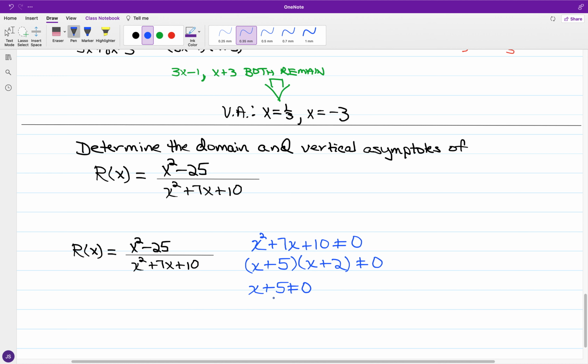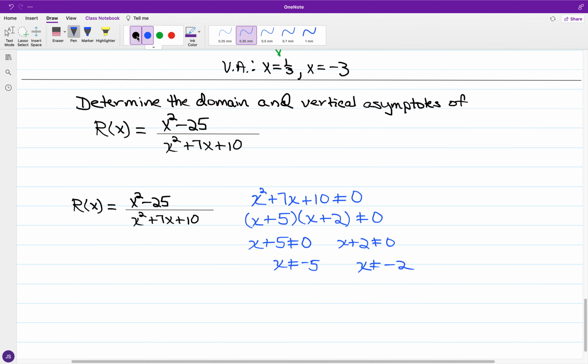Okay, so if x plus 5 cannot be 0, okay, we have that x cannot be negative 5. If x plus 2 cannot be 0, we then have that x cannot be negative 2. So we have two exclusions from the domain.